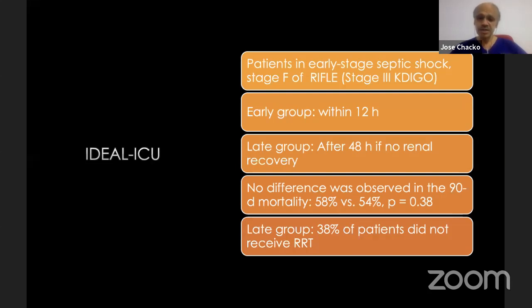And if you ask me the question as to how do you decide, it is not only the KDIGO stage, as I mentioned previously. It depends on the baseline severity of illness of your patient, how many other organs are involved, and most importantly, it depends on the overall trajectory of the illness.